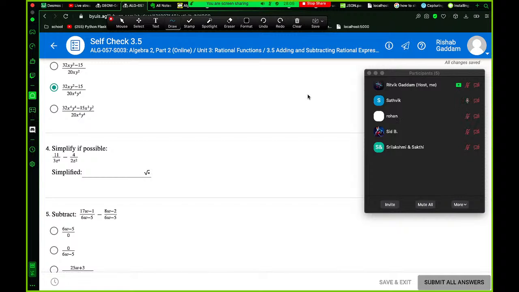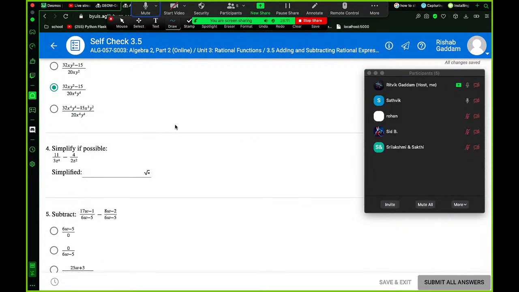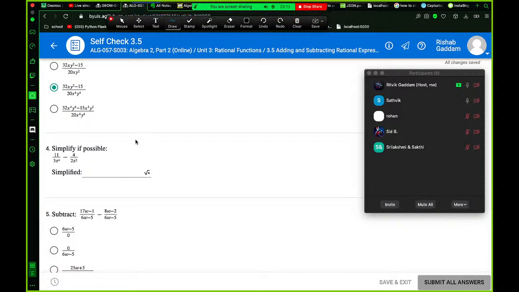Okay, I have the answer now. The answer is 11 minus 6z squared over 3z to the fourth. Okay, just a second. I couldn't write for a second.